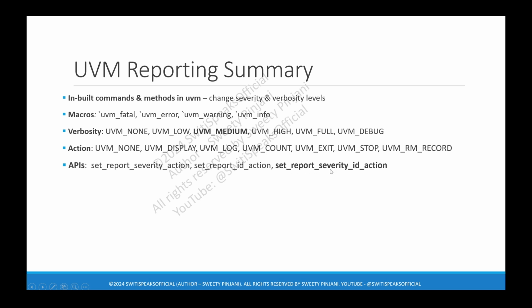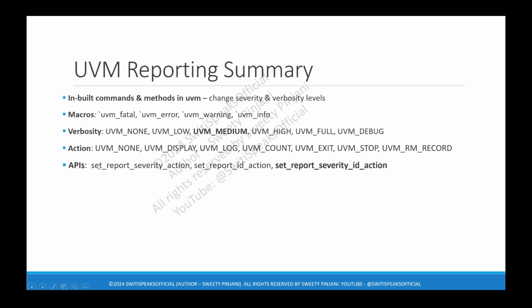You have set report severity ID action. This one, which takes all three possible arguments, will have the highest priority. In case you have this as well as this, both declared for a particular message, then this will take priority. Whatever is set in this, that will take precedence.